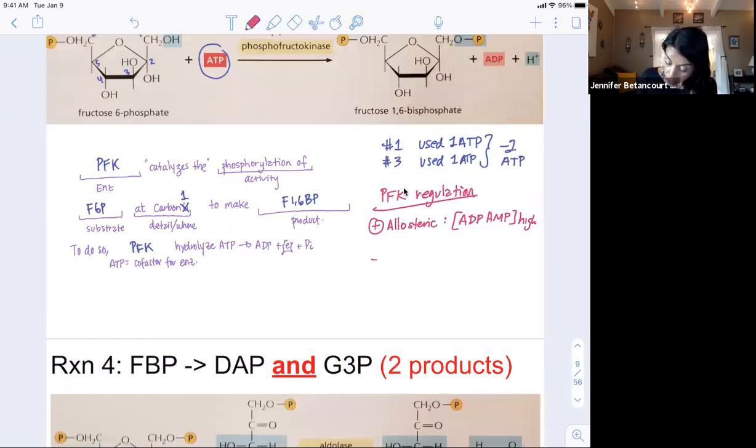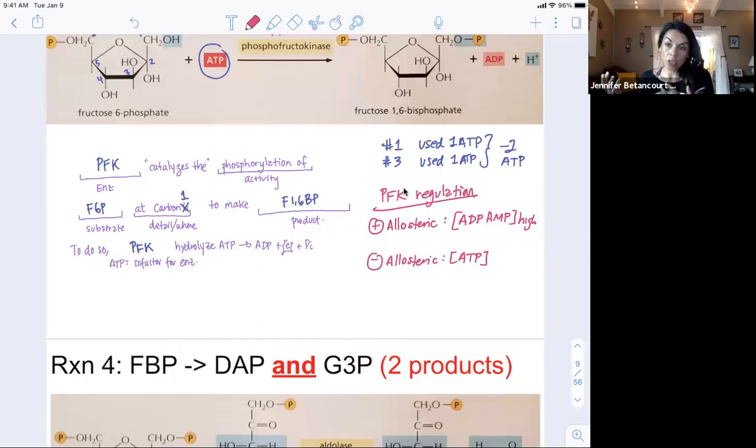negative regulation happens in a couple different ways, kind of happens opposite. So allosteric regulation again, when ATP is high. So too much ATP, cool. The cell will keep some of it to do all the ATP jobs in the cell, mitosis, division, all these things, right?